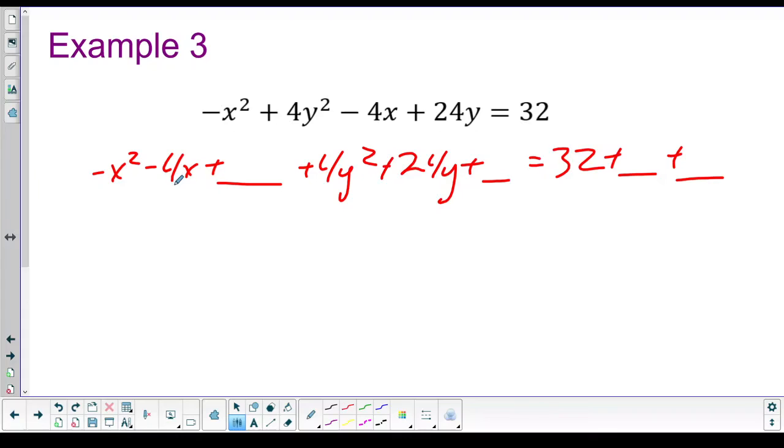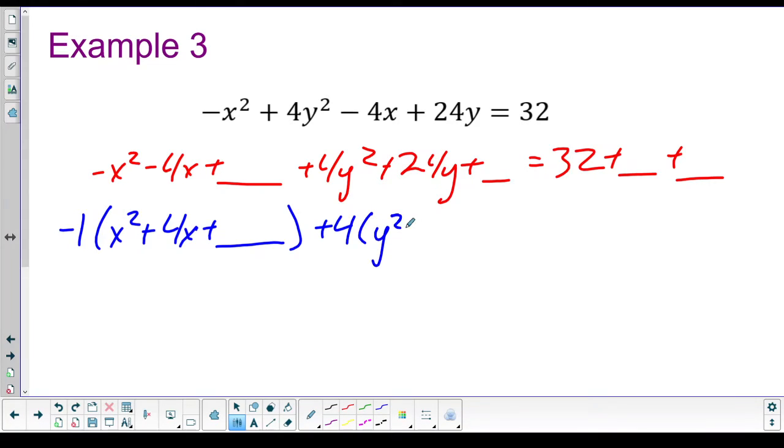For the x's, I'm going to take the negative out, so negative 1 times x squared plus 4x plus blank. For the y's, I'm going to take the 4 out, so plus 4 times y squared plus 6y plus blank equals 32 plus our blanks.